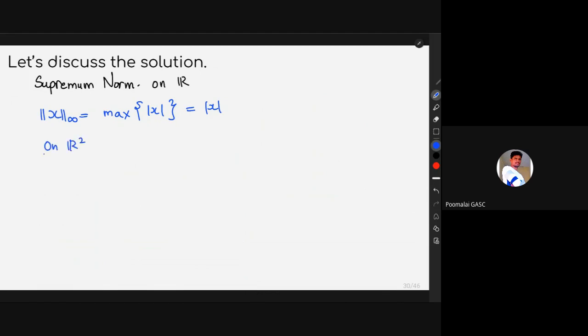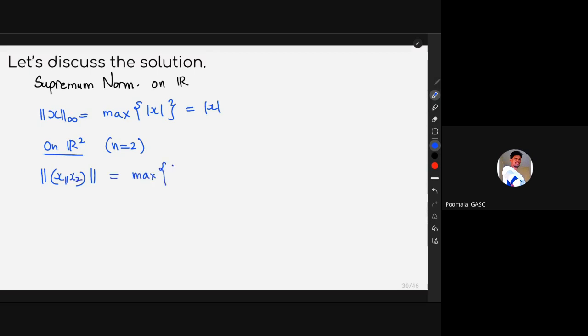Now what happens on R2? If I switch to the n equal to 2 case and take a vector in R2, like x1, x2, then the norm will be the maximum of the moduli of x1 and x2.